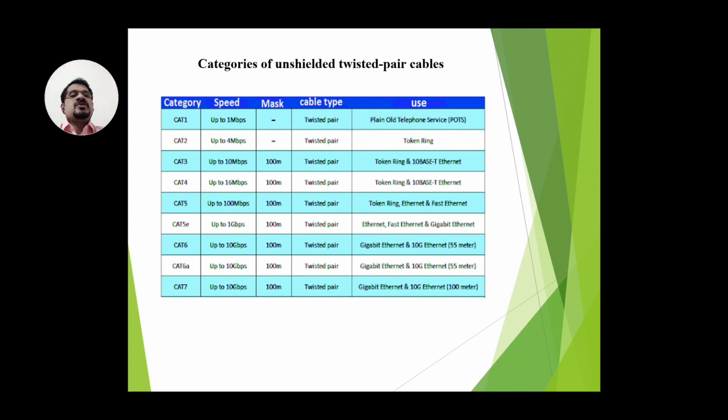Then category 3, and going up, category 6 and category 7 cables are used for gigabit Ethernet, because they connect at 1 Gbps speed and may support 1 Gbps or 10 Gbps.